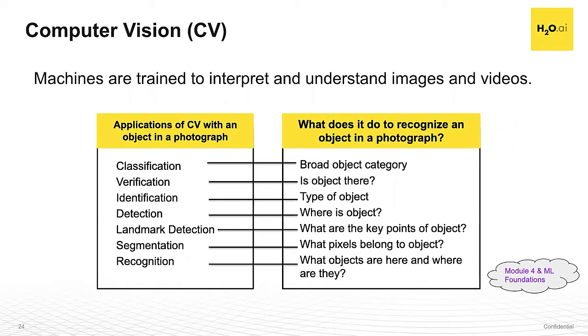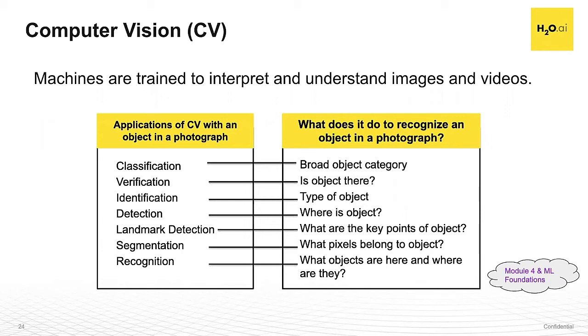But if we start to ask how computer vision might be trying to solve a specific task, we can look at the application and see what it's actually doing when we talk about object recognition. If I am trying to classify an object in a photograph, what it's actually doing is trying to determine what broad category this object belongs to. So is it a cat or a dog?